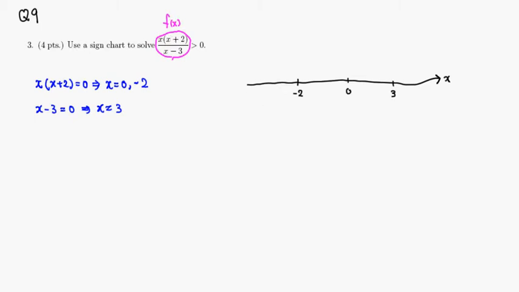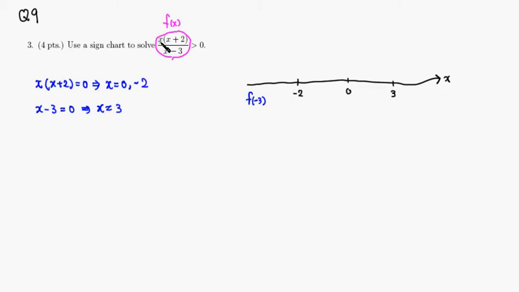For the first interval, anything smaller than negative 2, I'll try negative 3. So we look at f of negative 3 and its sign.